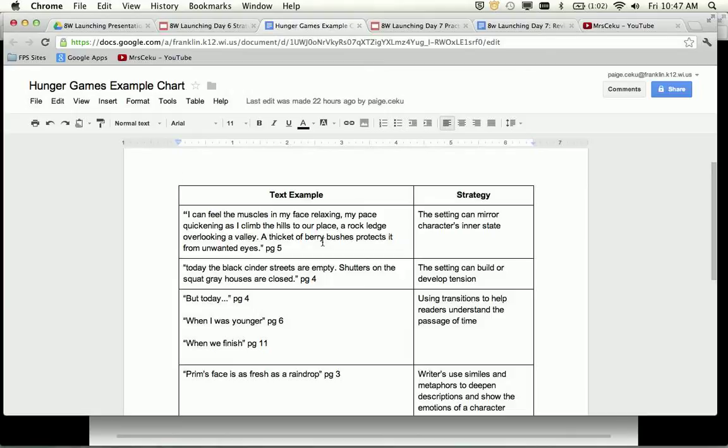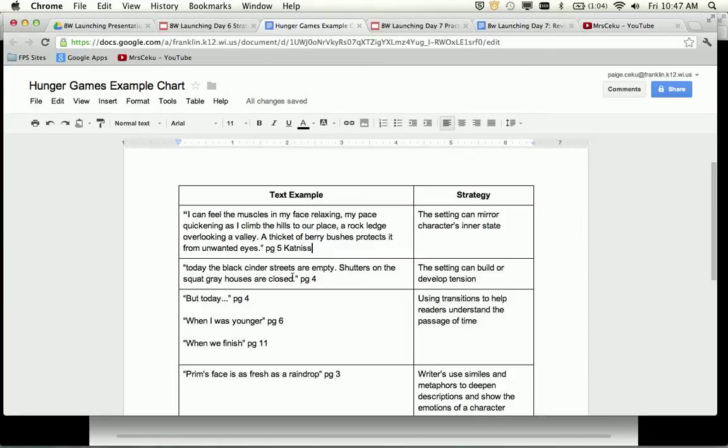This is Katniss saying this; sometimes it's helpful to write who said it. She's trying to get away from her life back in the district, in the poverty. So the setting here is very similar to how she's feeling. She wants to get away and be protected.